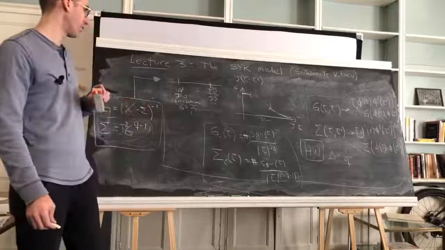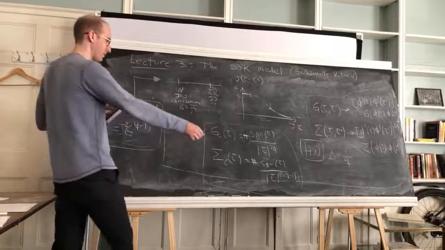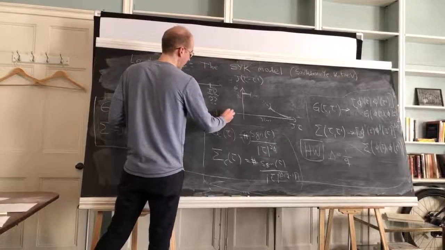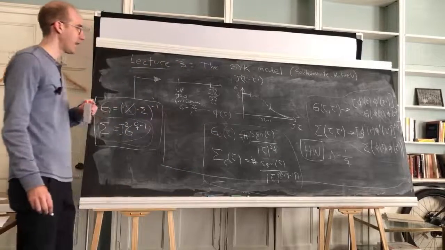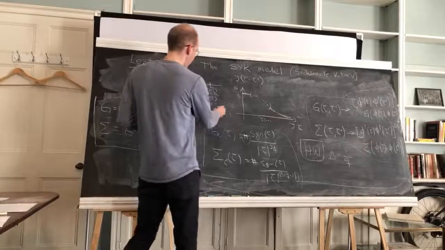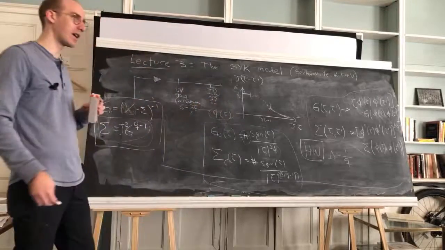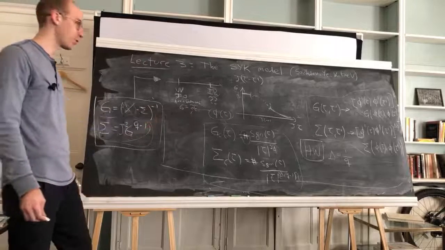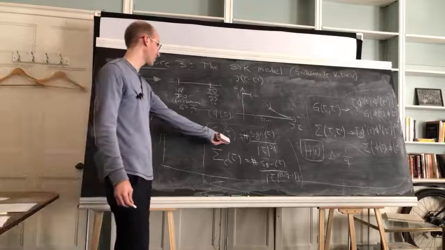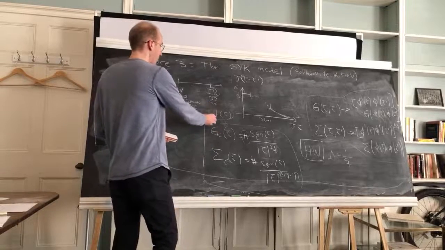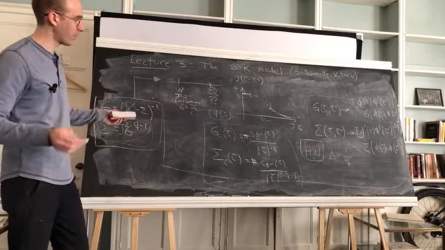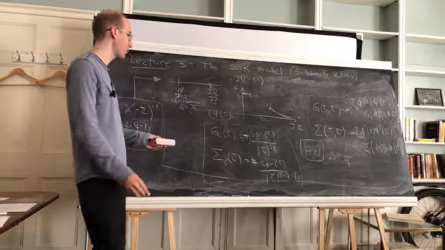We said that they are not all the solutions because in fact, I can reparameterize T to some phi of T. And if this phi of T is an SL2R transformation, this will leave my solution unchanged. And so once I found the solution, I break my symmetries from the full reparameterization to just SL2R transformations.